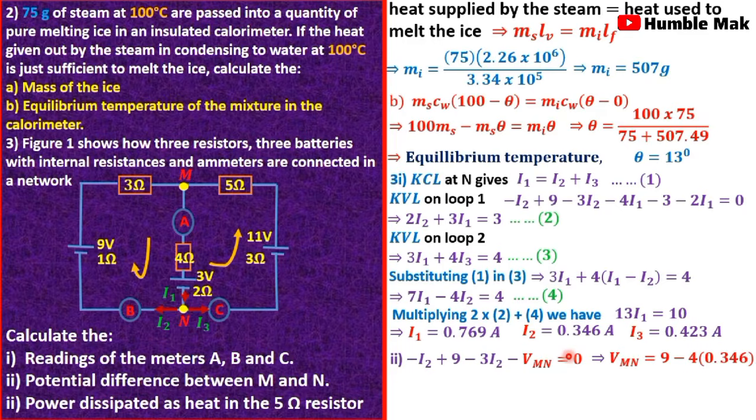So if we solve everything knowing the value of I2, we are going to have our V MN, the potential difference between M and N, to be 9 minus 4 times I2, which is 0.346. Which means if your I2 was wrong, your V MN must be wrong. So simplifying that, we have our V MN to be 7.62 volts. Or you can round it up to the nearest whole number to be 8 volts.